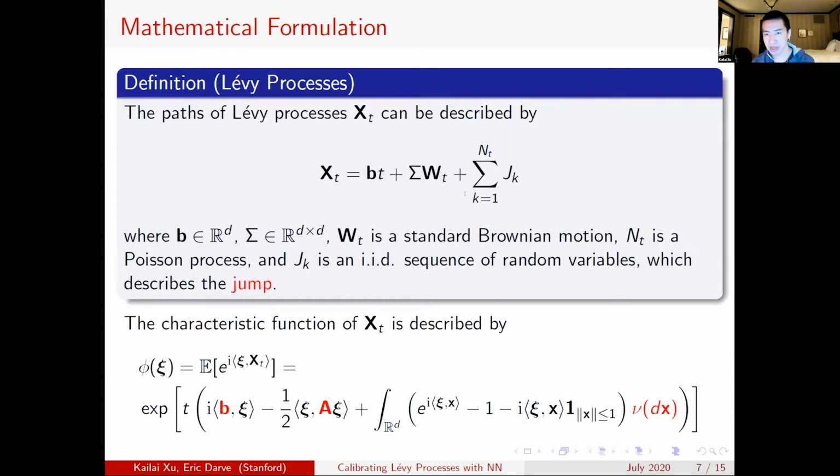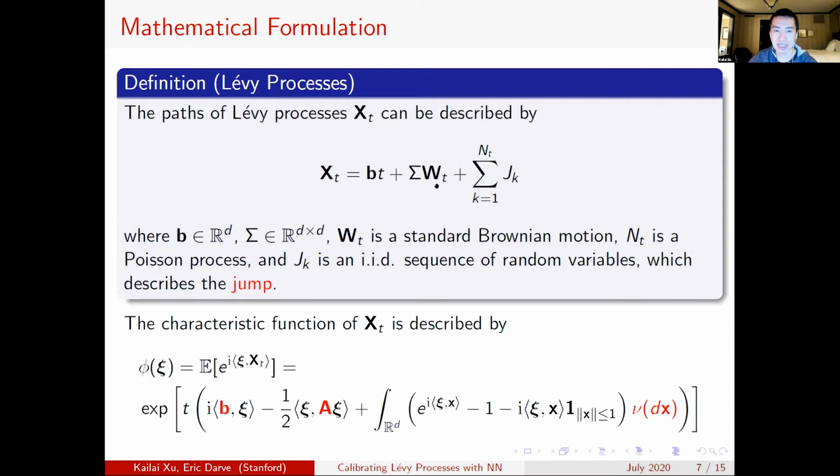One nice property of Lévy processes is that they have very nice mathematical properties, and the definition of Lévy processes is actually very straightforward. It adds a jump diffusion process to Gaussian processes, and a sequence of random variables.